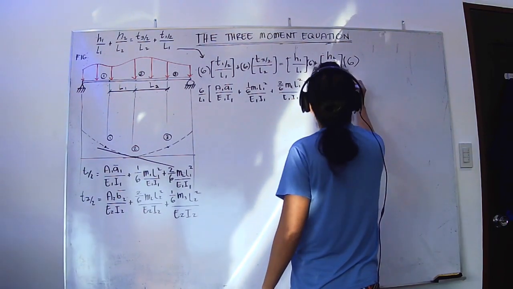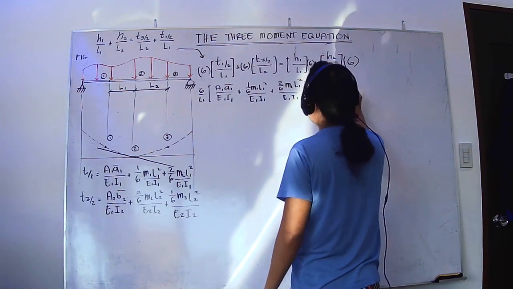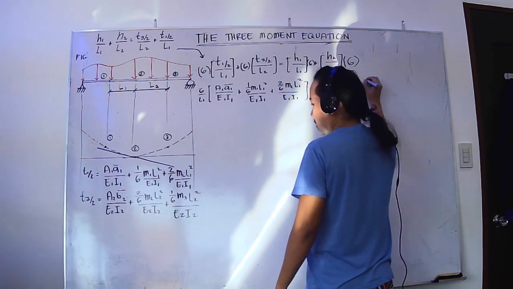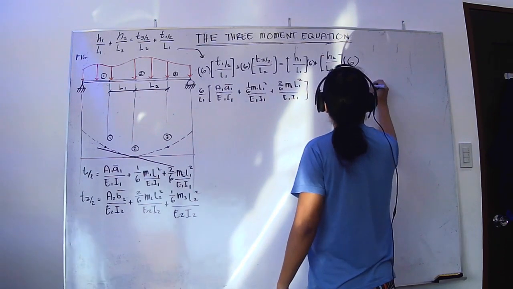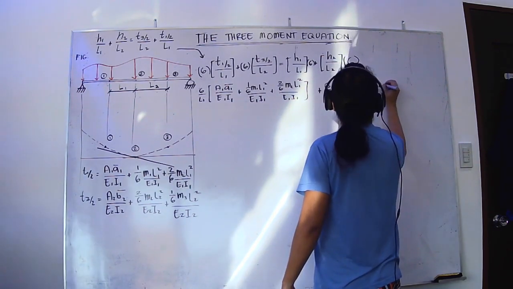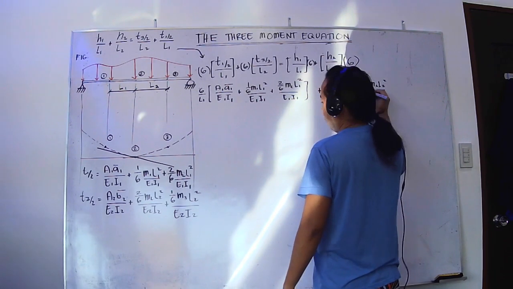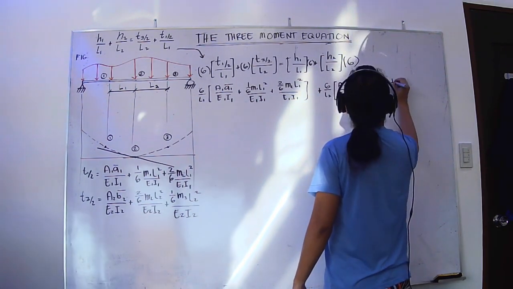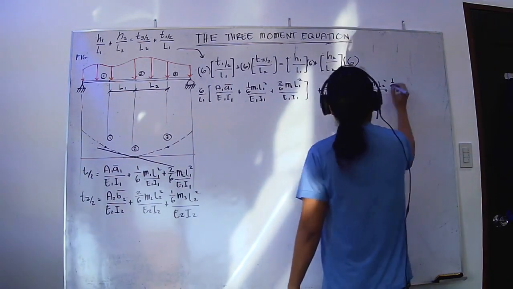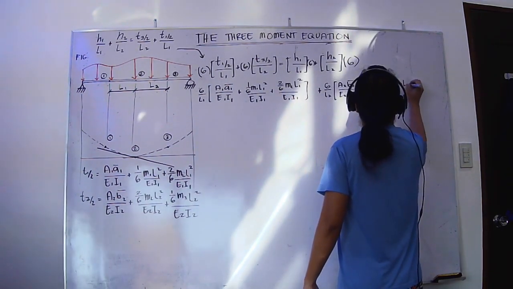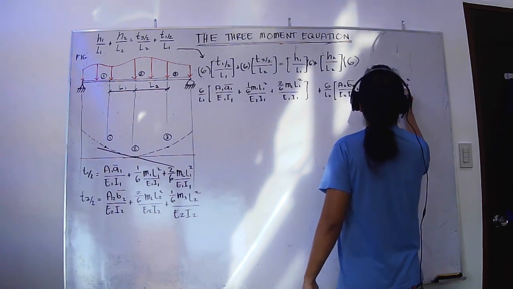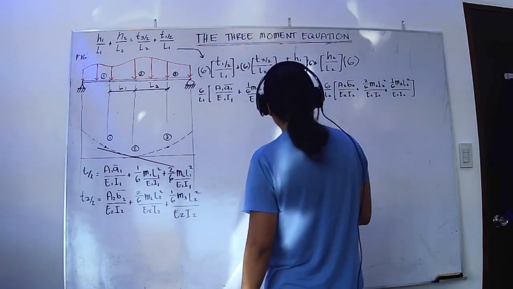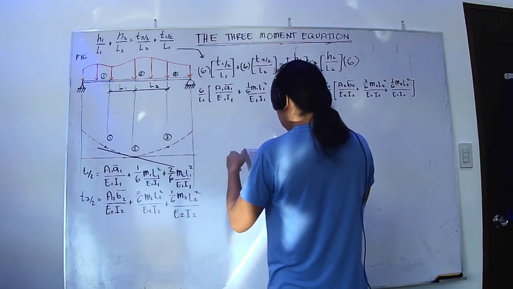A2 B2 over E2 I2 plus 2/6 M2 L2 squared divided by E2 I2 plus 1 over 6 M3 L2 squared over E2 I2.